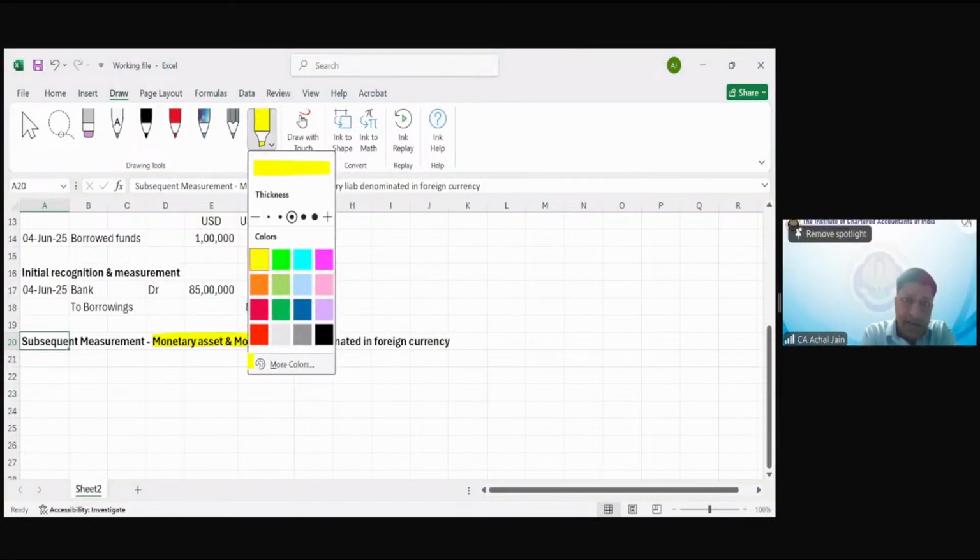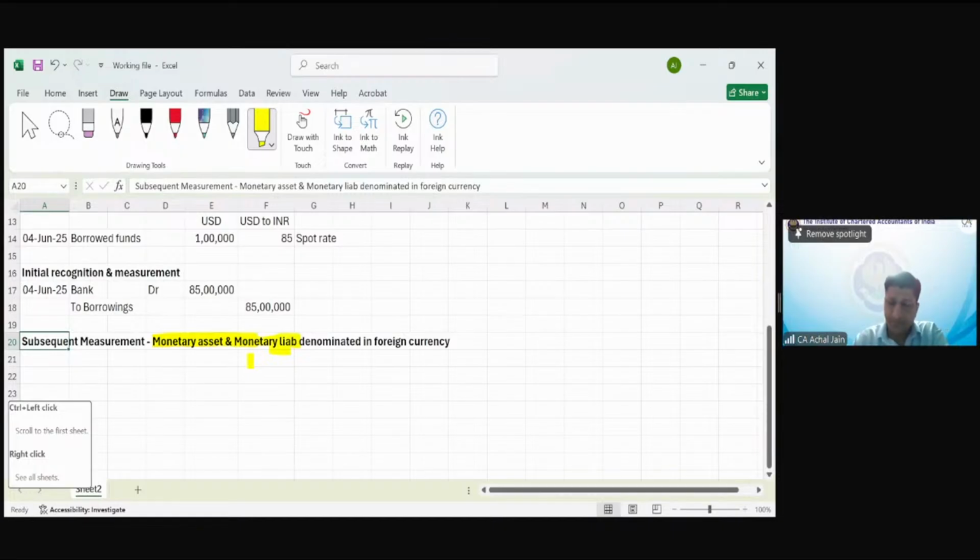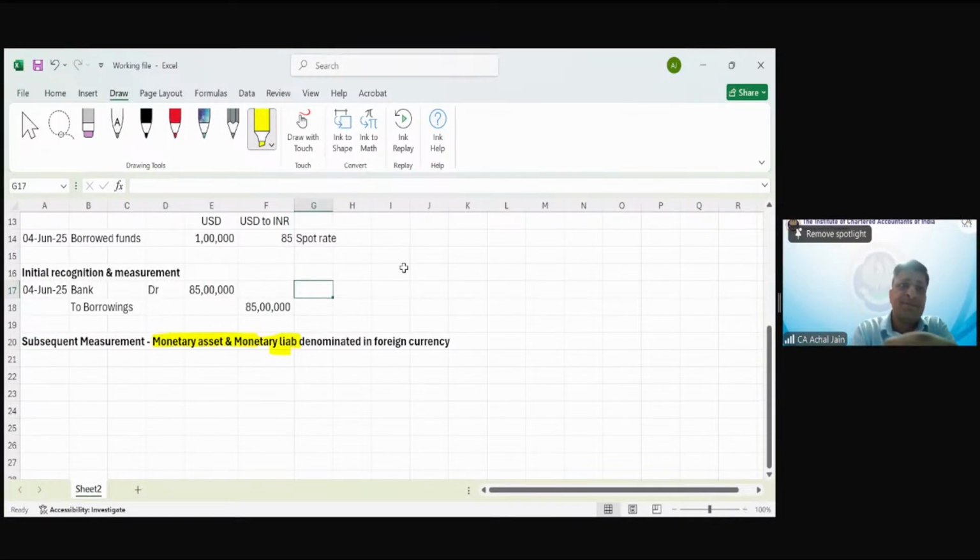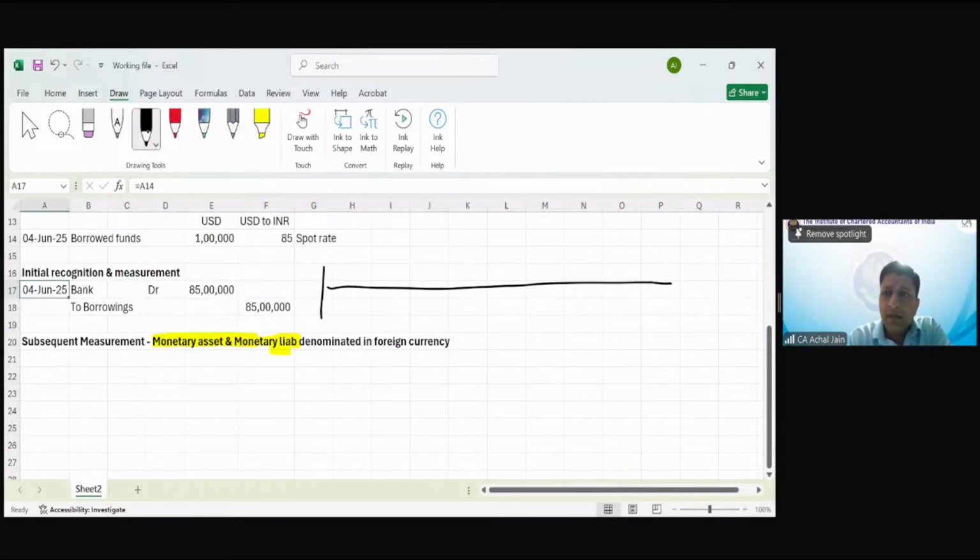So this example that we look at, in this case, what do you have? On 4th June 2025, company took a loan. Let's suppose on 31st March 2026, this loan remains outstanding.